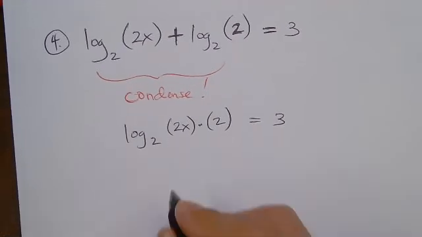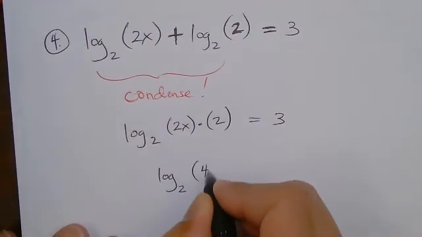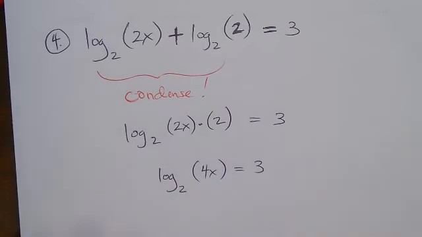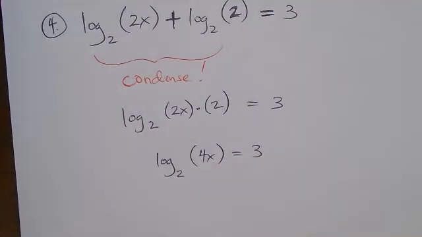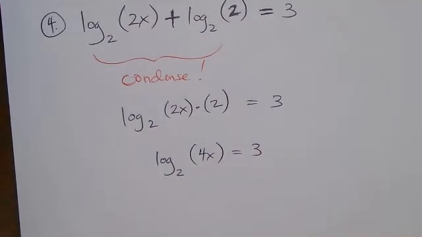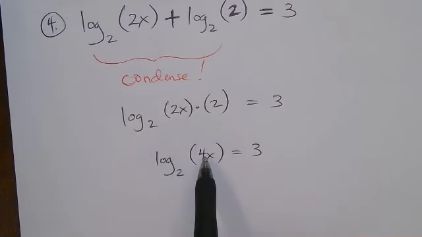You guys agree with that? Are we good? This is not new. So really the problem is what? Log 2, what? If I have to multiply these, what's 2x times 2? Well, 4x.